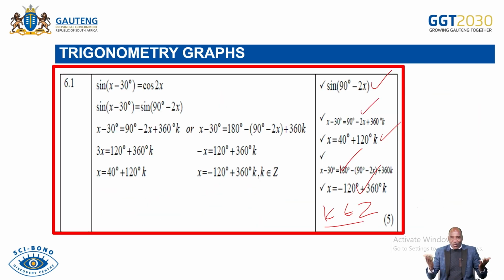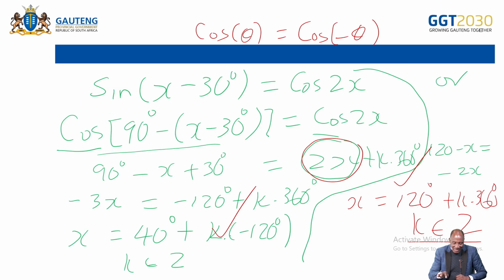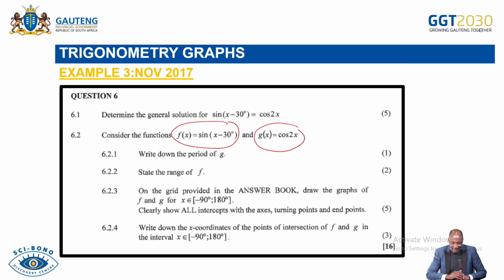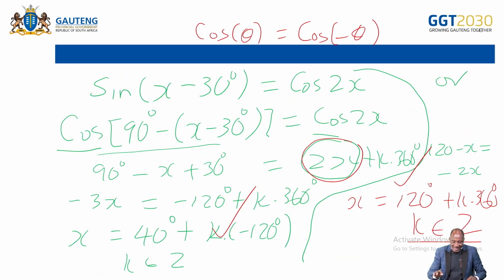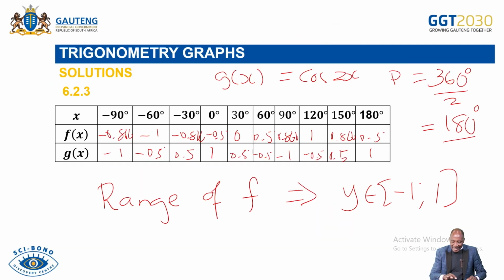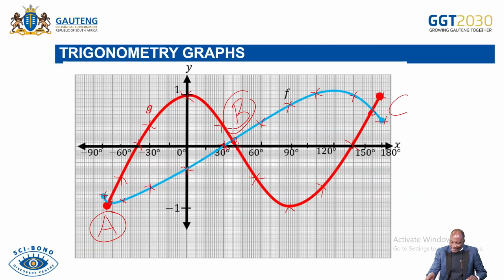Okay, right. Having said that, what's the next question? I've drawn the graph for those marks, worth 5 marks for drawing those two graphs. Then the next question says: write down the coordinates of the points of intersection of the graphs. This is where you'll need your general solution. Your general solution said x equals 40 degrees plus k times 120 degrees.